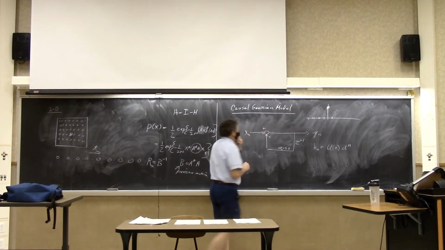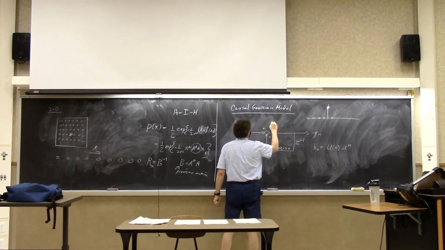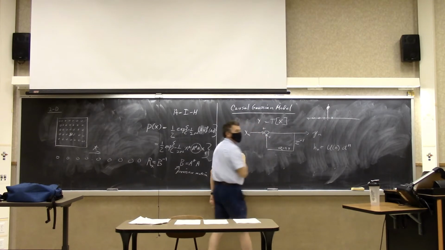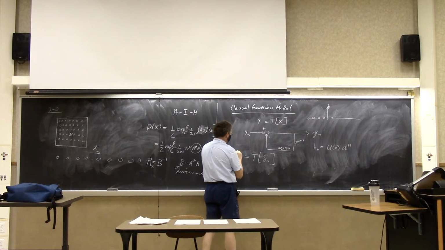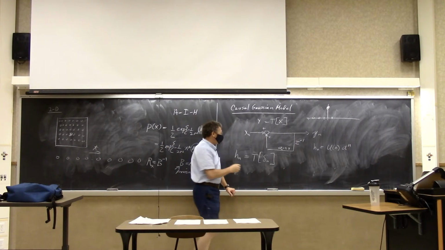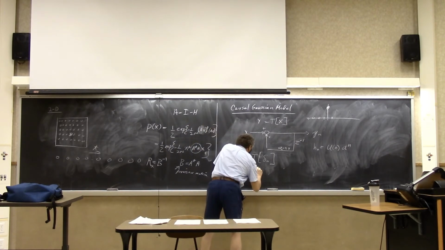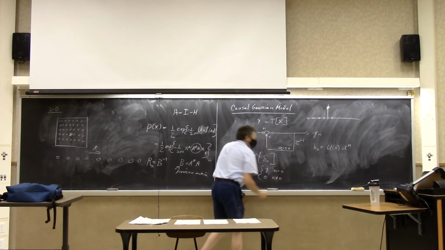Okay. Let me tell you then, because it's a very important concept. So this is a system, call it T. The impulse response of a system is like if you put in an impulse, and the output is called h. That's the impulse response. So the input is equal to 1 if n is equal to 0, and it's equal to 0 if n is not equal to 0, okay?